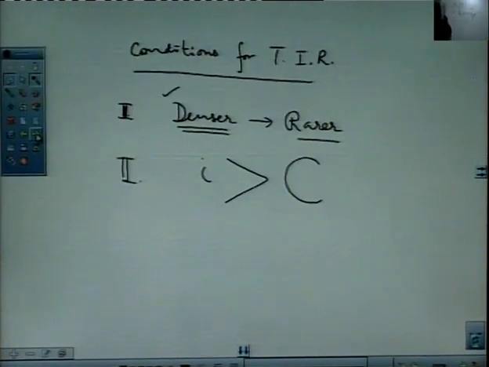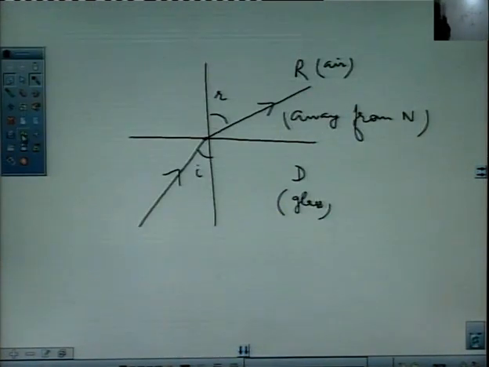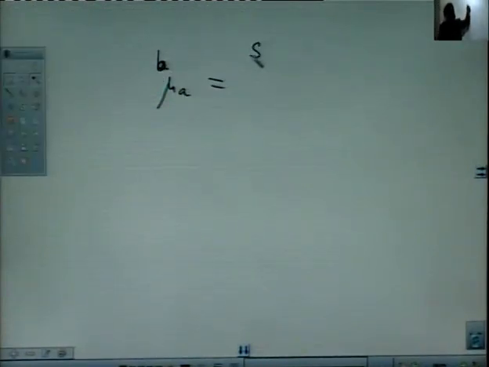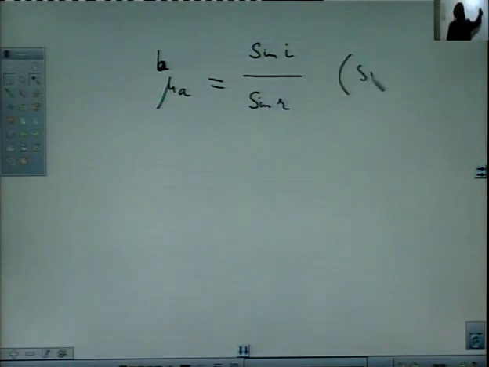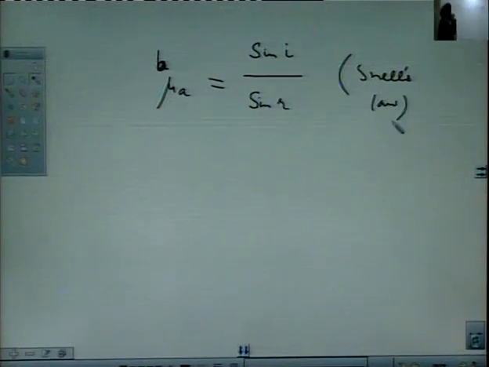So if we consider B to A, then from Snell's law, B mu A is equal to sin I over sin R. This is from Snell's law, which we studied in case of refraction of light.